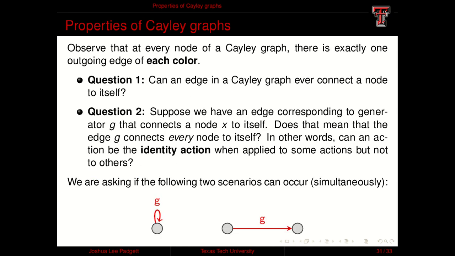So basically, of course, an edge can connect a node to itself, but then that would mean somehow that it was the identity action, and then the question becomes, should I have ever included it? Because I'm somehow saying that we should only use generators inside of our Cayley diagram. And before we go into question 2, why are we only including the generators? Because otherwise things get very complicated, right?